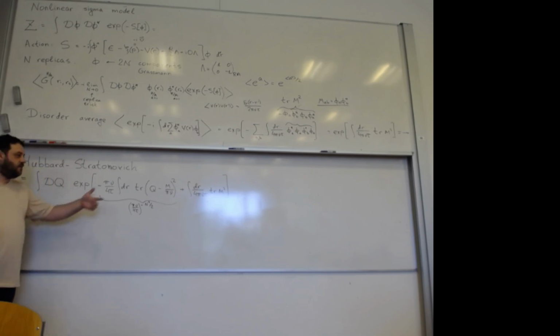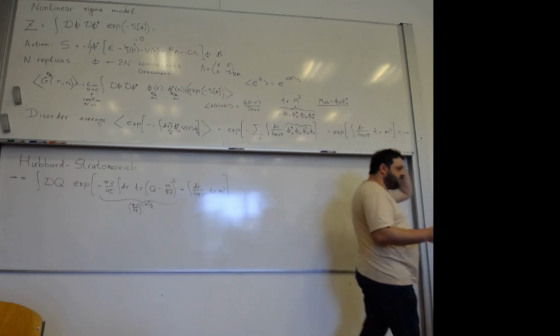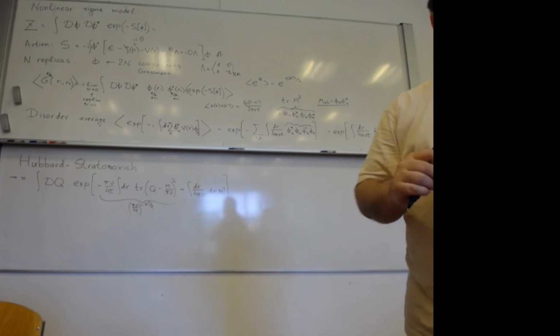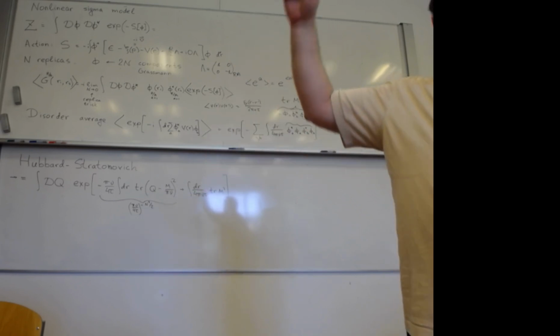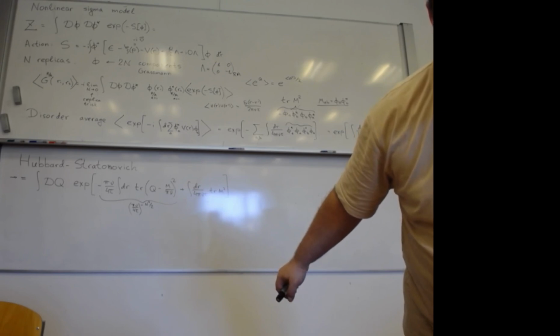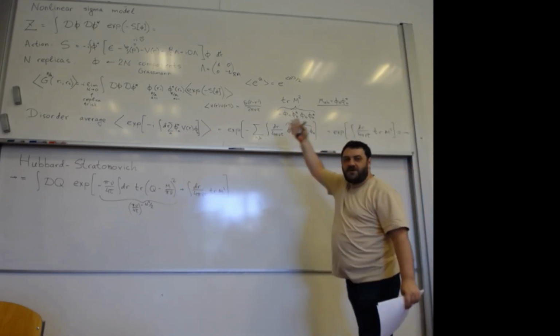Now I should say, this M is a matrix. What is the size of the matrix M? Sorry? 2n, right. It's the same as this field phi, it's 2n component.